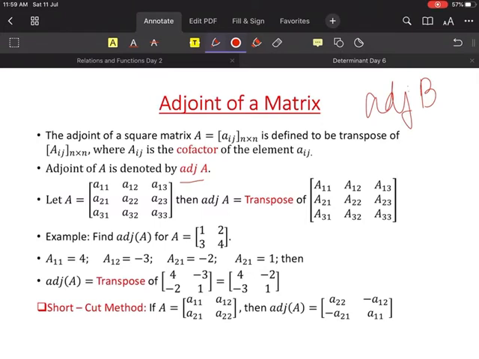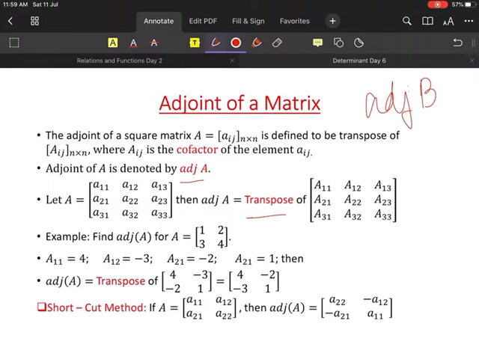Now suppose I have a matrix A given by A11, A12, A13 like this. Then adjoint of A is what? Adjoint of A is the transpose of the matrix formed by the cofactors of these elements.